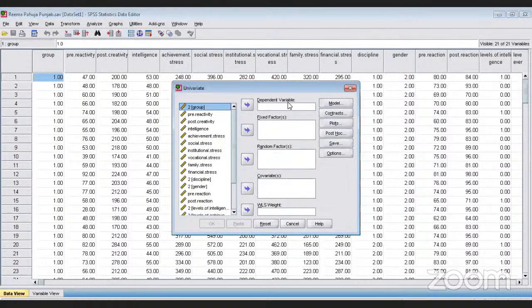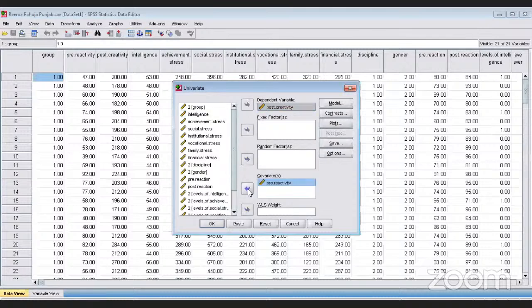Now in the dependent variable, your post creativity is the dependent variable and pre-creativity is your covariate. So please see, here is a dependent variable. So you shifted the post-creativity. Here is a covariate, you shifted the pre-creativity. And my fixed factors are group and gender.